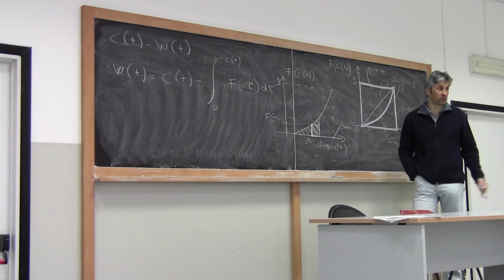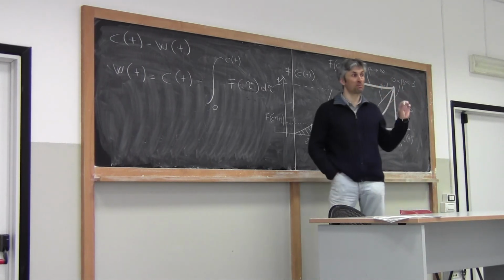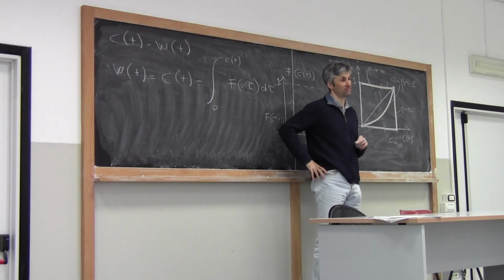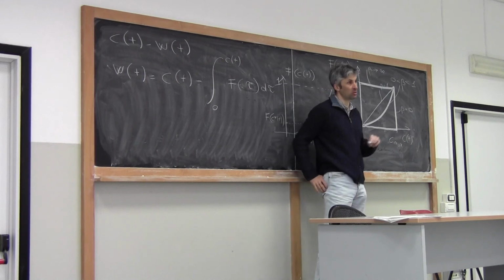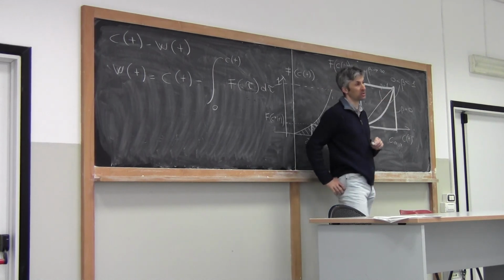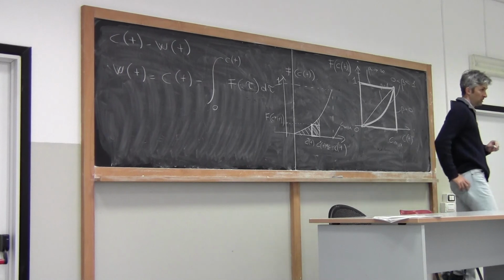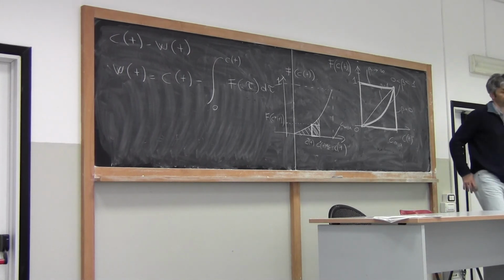Now we have to compute the integral, but it's not the big problem to compute the integral. The problem might be to get the concept, and I hope I was clear enough to deliver the concept.